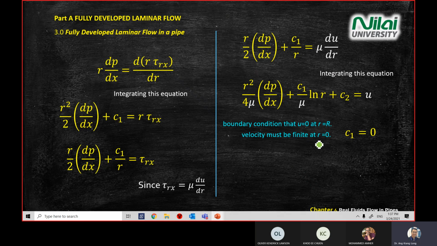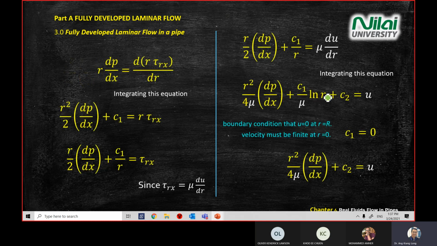Velocity must be finite at r equals 0, meaning at the center there must be a value. So your C1 will be 0. And then you rearrange the equation.